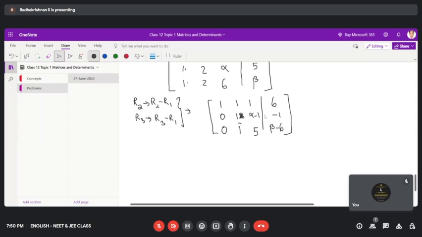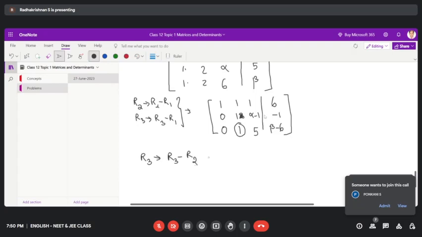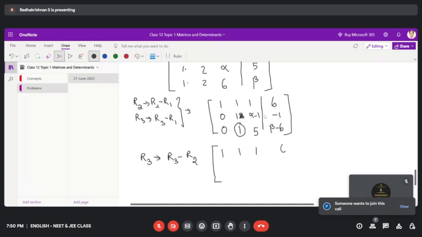Next, you try to make this 0. How can you make this 0? R3 minus R2. Again, in this problem, it's all very easy actually. R1 doesn't change, R2 also doesn't change. So in R3, 0 minus 0 is 0, 1 minus 1 is 0, and this is 5 minus (alpha minus 1), that means 6 minus alpha.